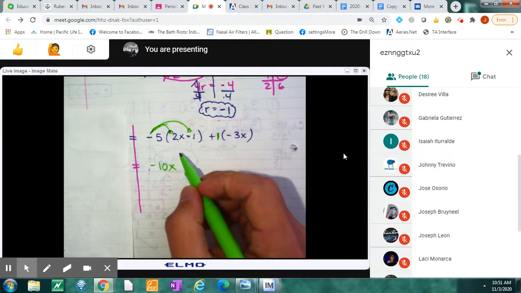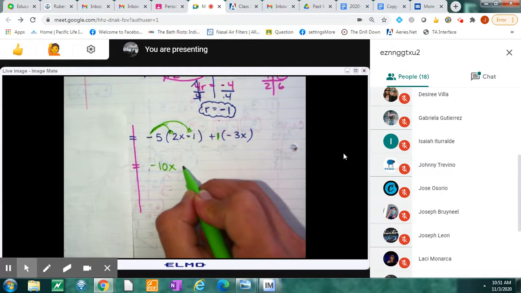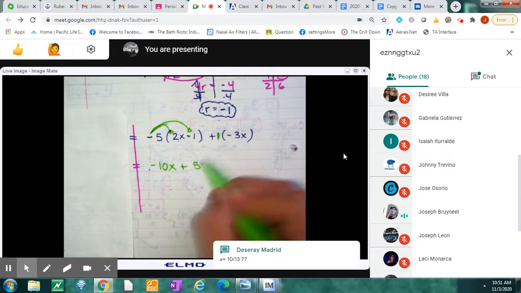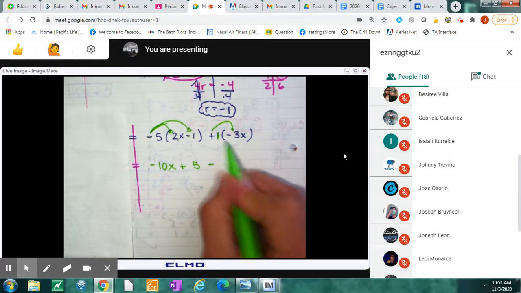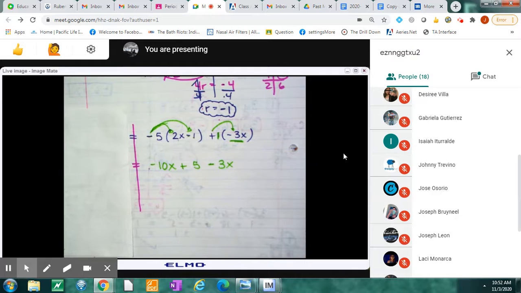Joseph Brunel, negative 5 times negative 1? Positive 5. See that? And then here, positive times negative, that's a negative, and then 1 times that's going to be 3x. See how it stays the same, negative 3x? But what happened? The parentheses disappear. That's what happens when you multiply.